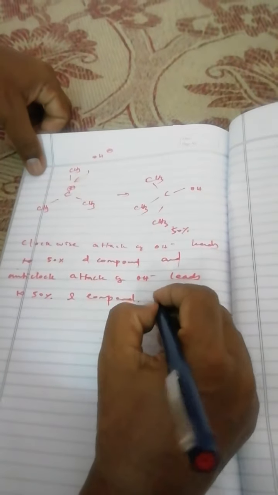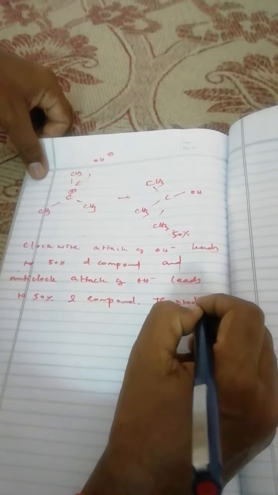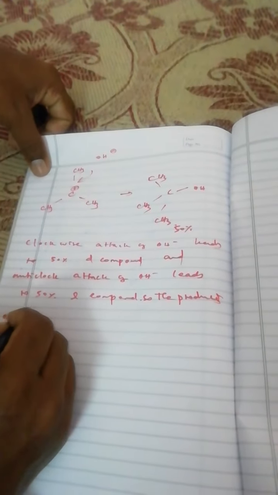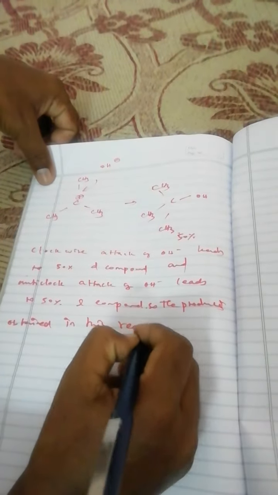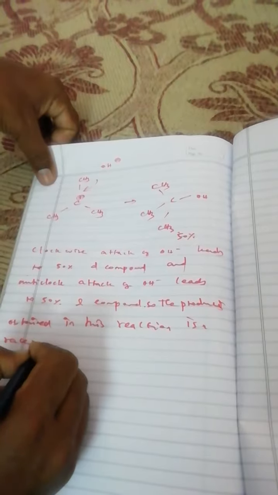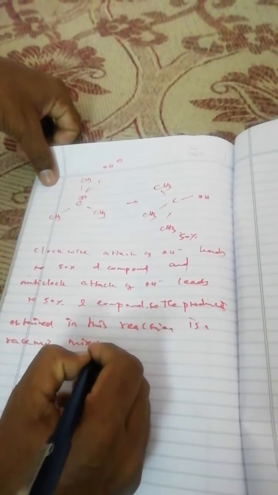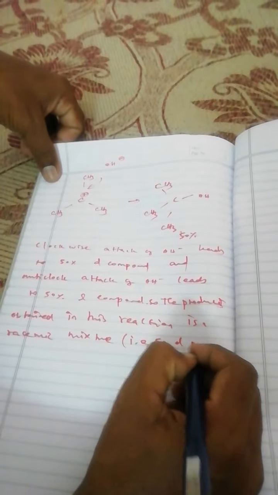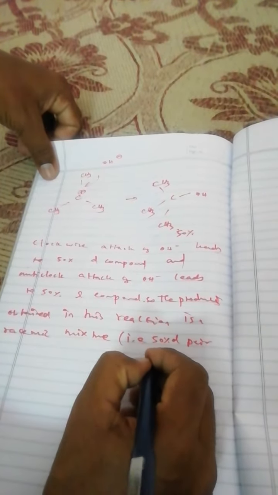So the product obtained in this reaction is a racemic mixture, that is 50% D and 50% L. I will tell you more about the racemic mixture.